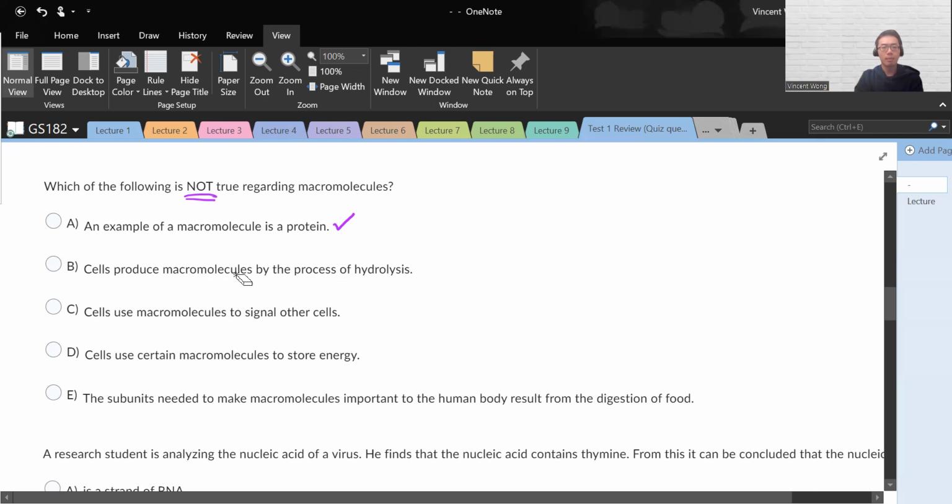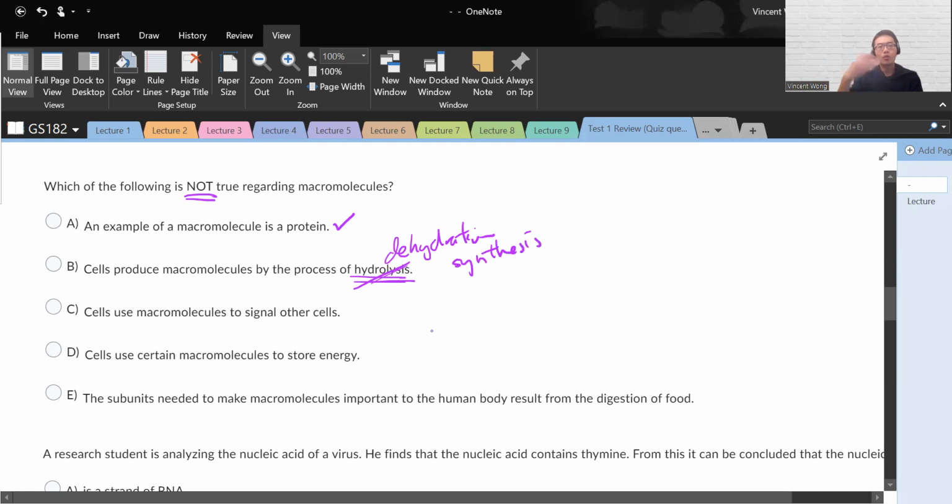Cells produce macromolecules by the process of hydrolysis. How do we build macromolecules? We actually just had another question earlier. We make macromolecules through dehydration synthesis. Hydrolysis is to break them. So this is not true. It should be dehydration synthesis.